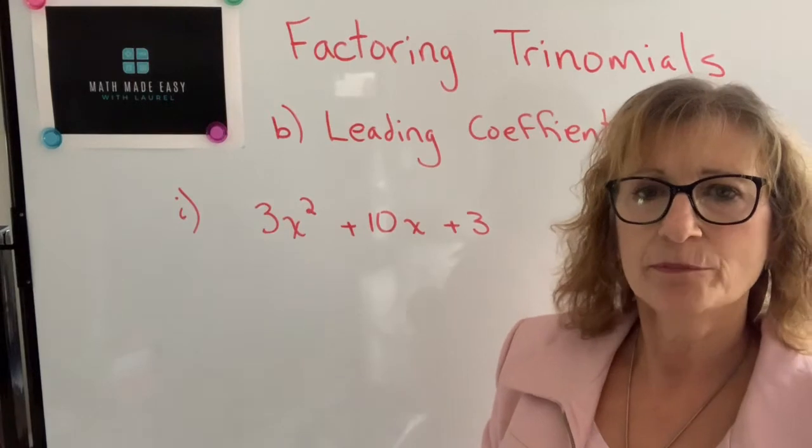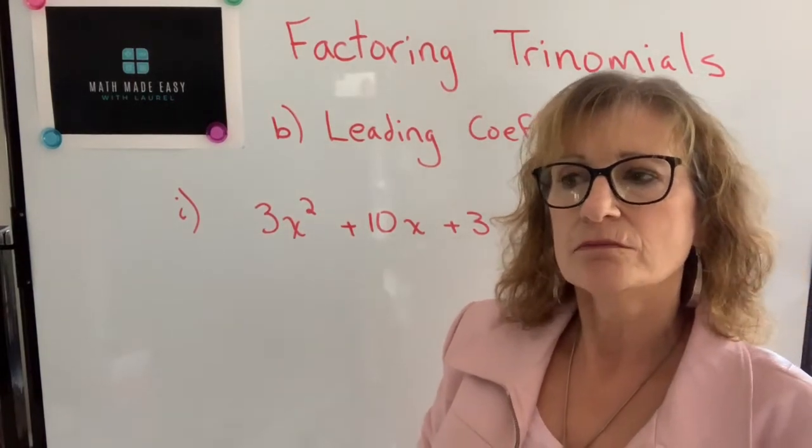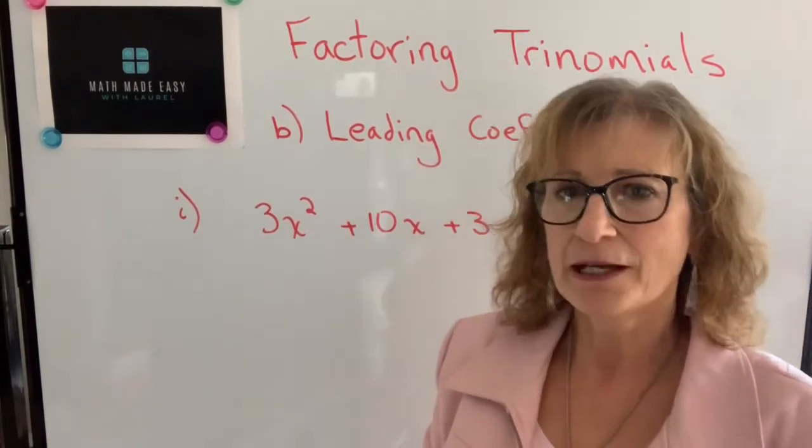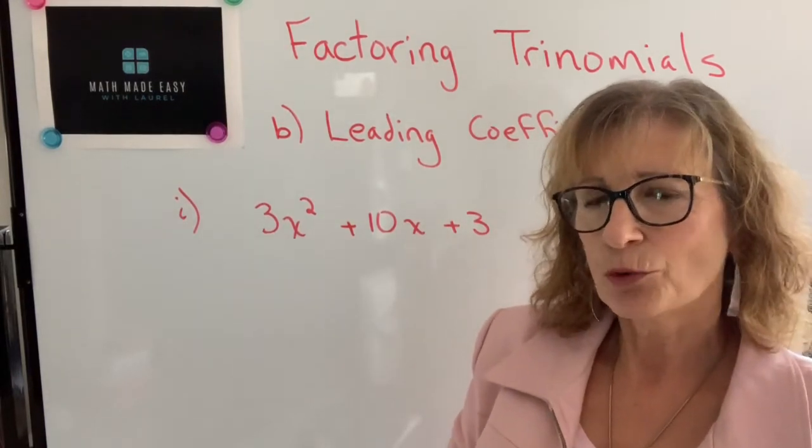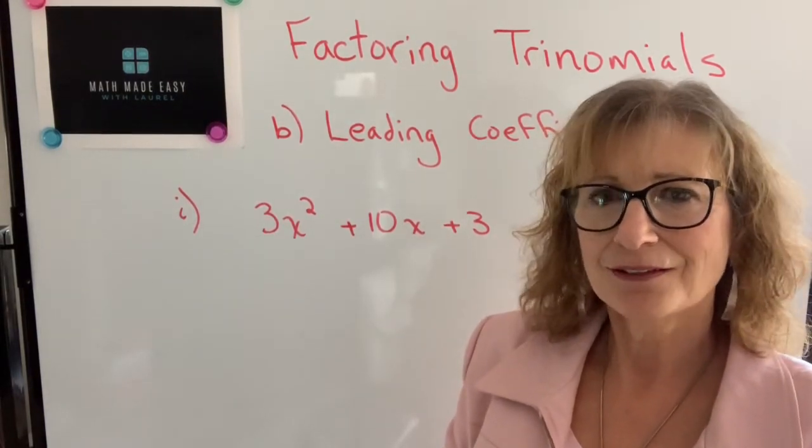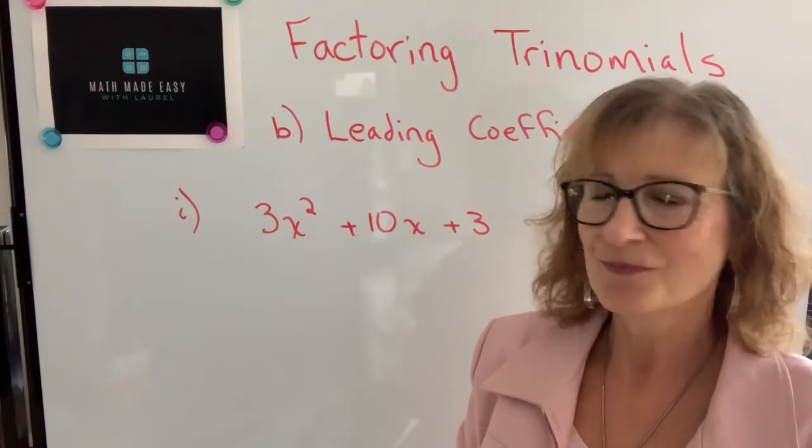The process is a little bit different, a little bit more involved, but we will go through it step by step, and hopefully it's not going to be too difficult for you.